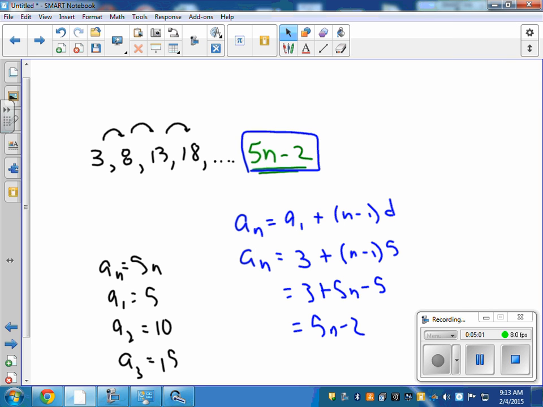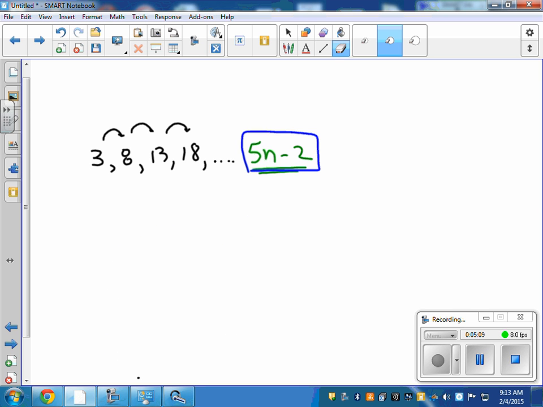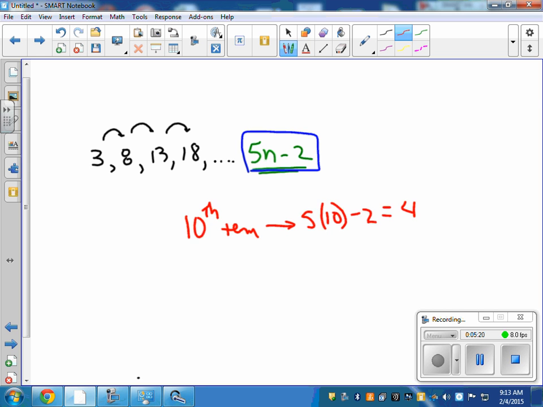Okay. And so let's, again, do a couple of interesting questions about this particular sequence. With the nth term generator, if I wanted the 10th term, that would be 5 times 10 minus 2, which is 48. If I wanted the kth term, where k is some integer, that would be 5 times k minus 2.